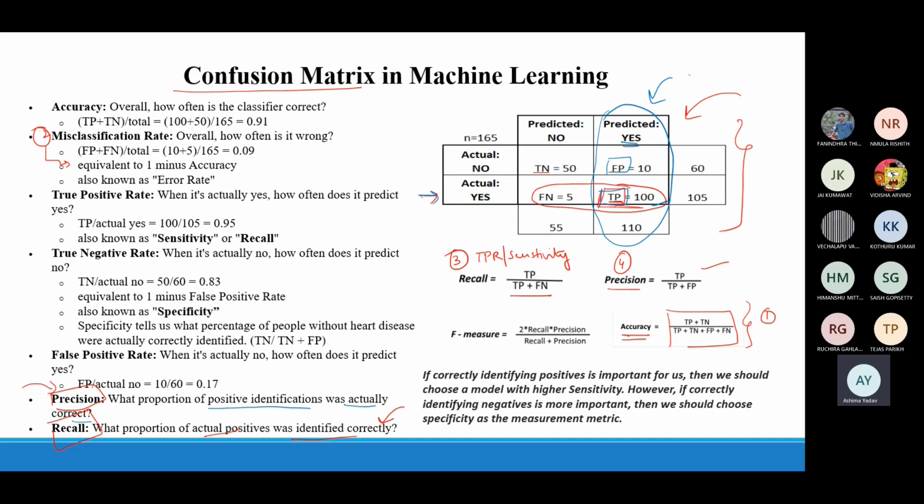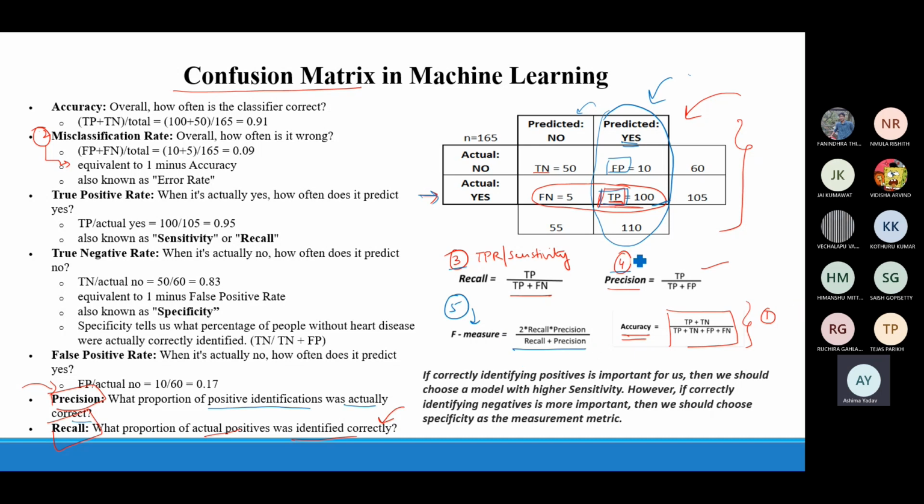Now comes another parameter, like the false positive rate, if we want to consider the negative class. But before that, after recall and precision, we have another parameter known as the F1 score, or F measure, which utilizes both recall and precision.